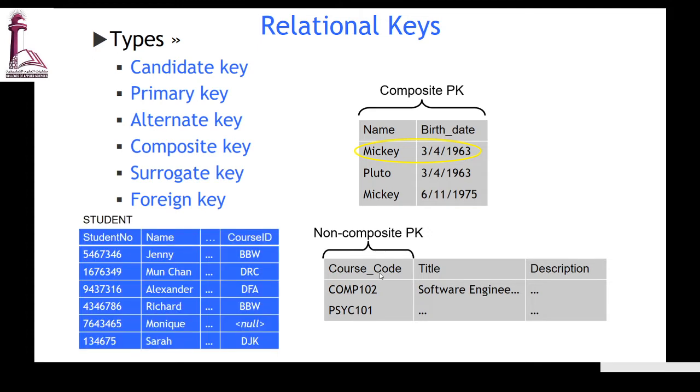Next we are going to consider another table, the student table. This table contains student number, name and then course ID, some fields. Here student number is unique and not null.